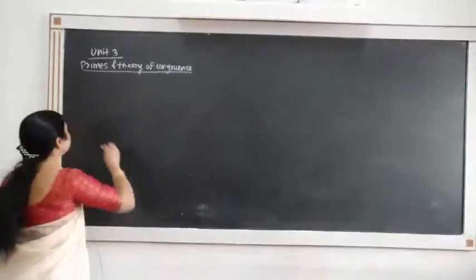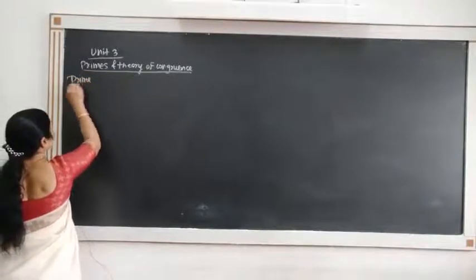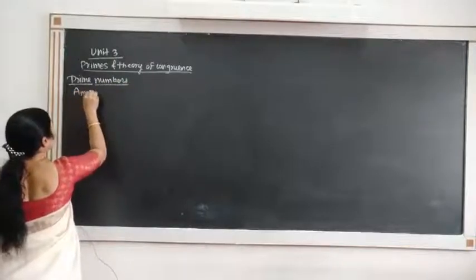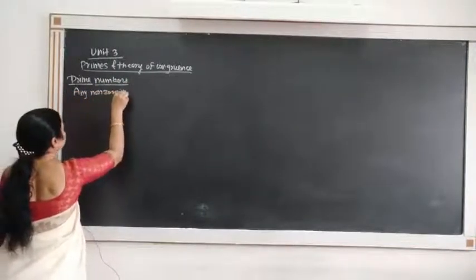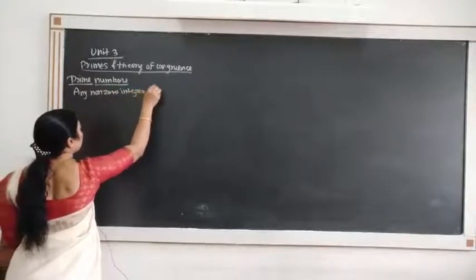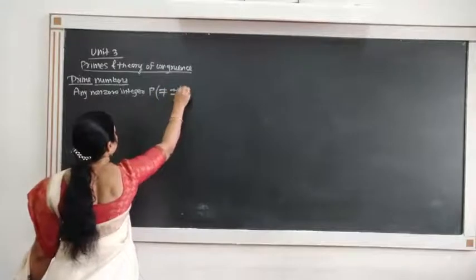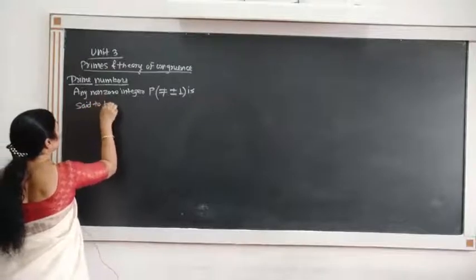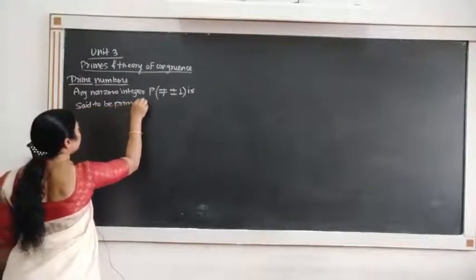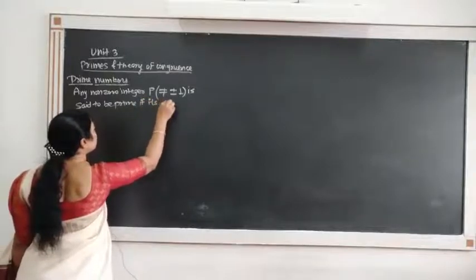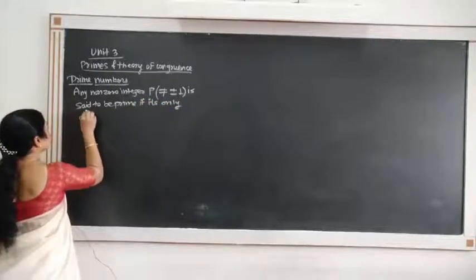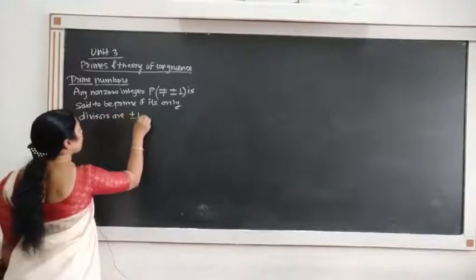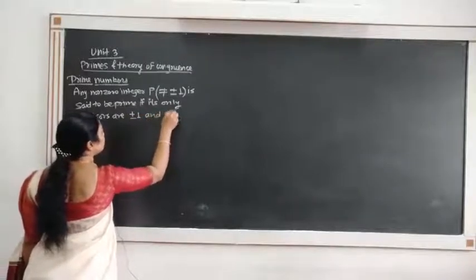So what is a prime? Any non-zero integer p not equal to plus minus 1 is said to be prime if its only divisors are plus minus 1 and plus minus p.